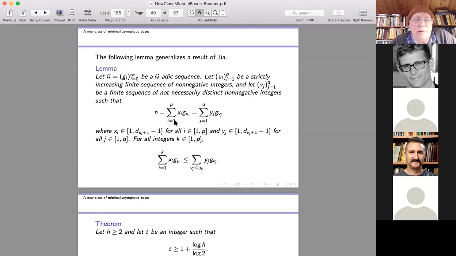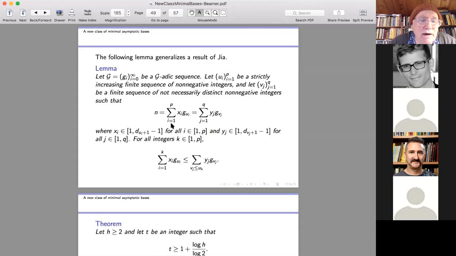I have that this number n is the sum of x_i g^{u_i}, but it also can be written like this, where the x_i's are the appropriate digits. Now on the left, since the g's are distinct, this is the g-adic representation. This is not. And you might say, well, can you partition these things so that some set of these terms gives you each of these terms? And the answer is no. You can actually construct some counterexamples. But Jia's idea, which is generalized here a little bit, says the following.